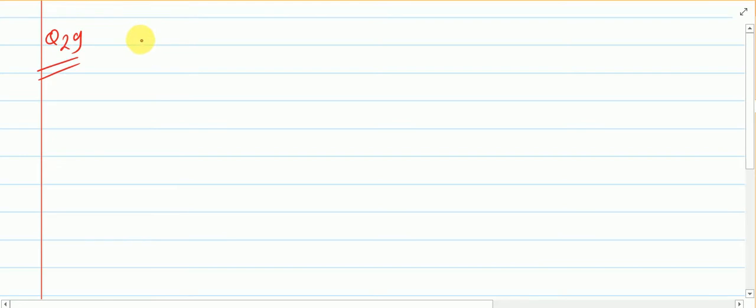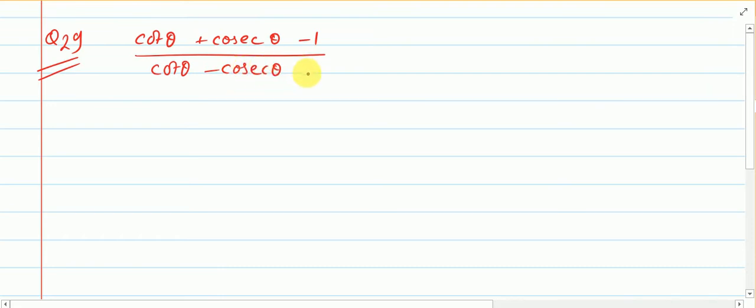We have cot theta plus cosec theta minus 1 upon cot theta minus cosec theta plus 1 is equal to cosec theta plus cot theta, which is equal to 1 plus cos theta upon sin theta.